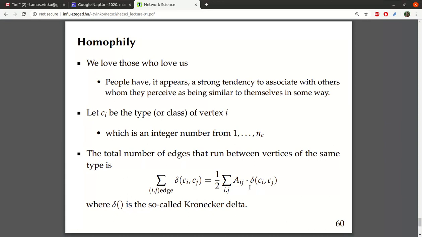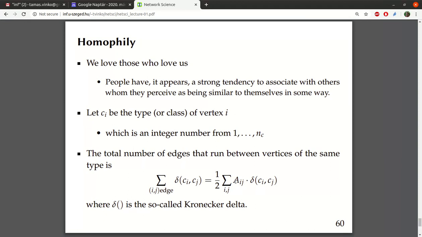We can use another formula for this. Now, instead of going through all the edges, we can go through all the nodes, and using the adjacency matrix, the entry at row i and column j is equal to 1 if there is an edge between node i and node j, and 0 otherwise.